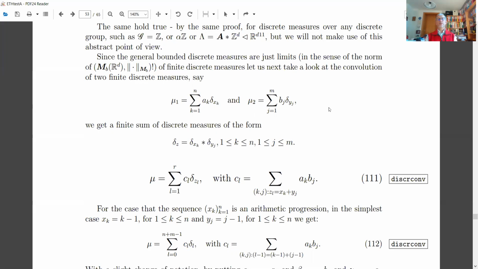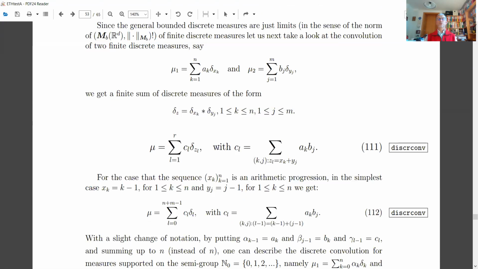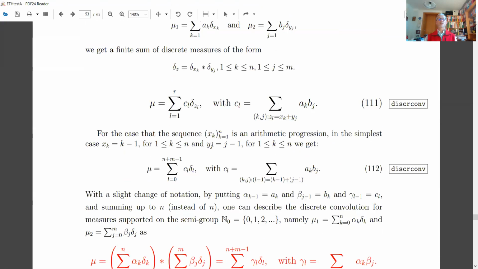So you have to collect a1 b3 with a3 b1. But formally, the coefficients are collected by adding up all those products, because they come with the Diracs, of those pairs where x_k plus y_j is the given point, and you put a label on it, so it's a finite sum of these things. So the convolution of two finite discrete measures is another finite discrete measure.